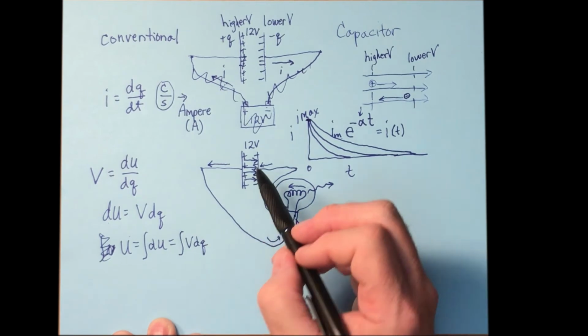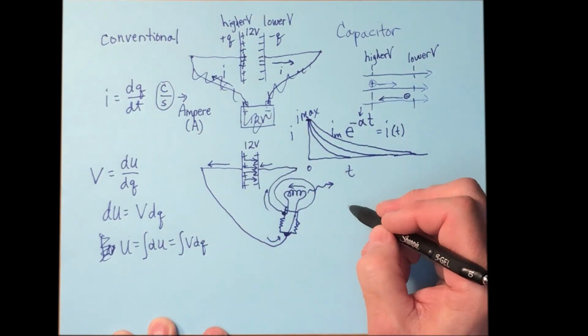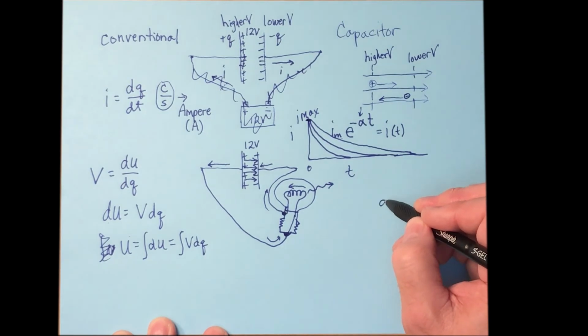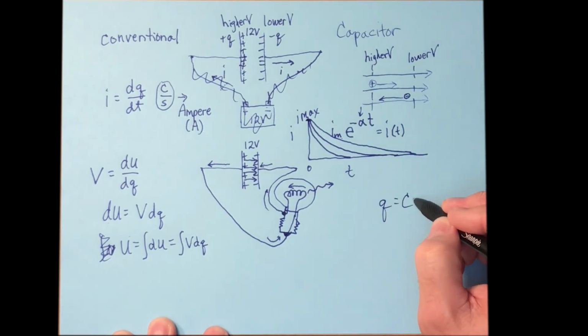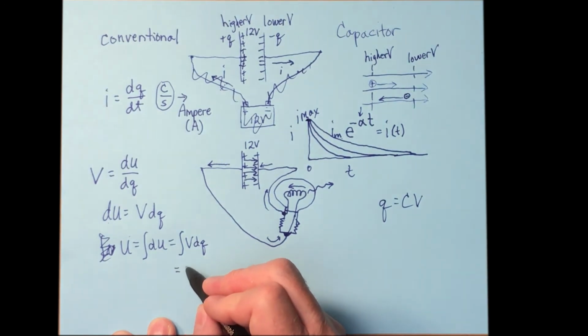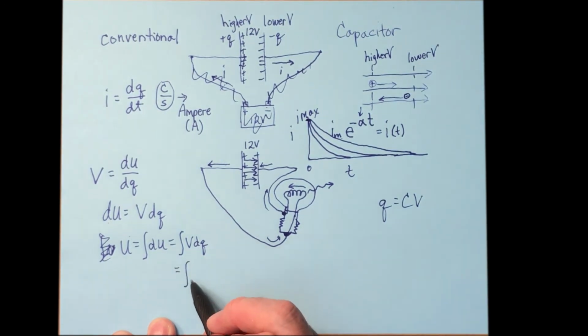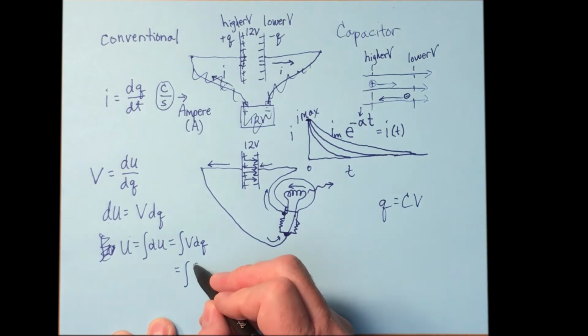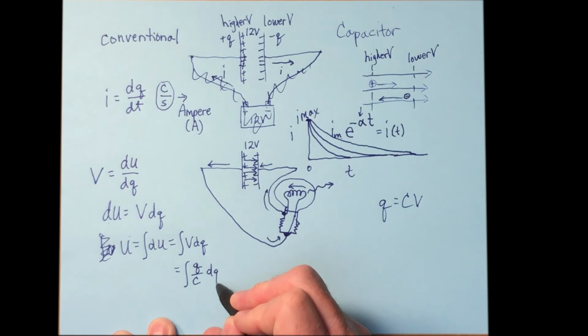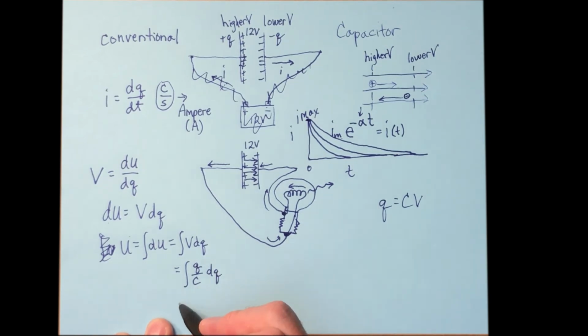Now, V for a capacitor can be found from the capacitance equation. Remember, the capacitance equation is Q equals C times V. So if I solve for V and plug that in here, this is the integral of Q over C times dq. Now, C is a constant, so we can factor that out.